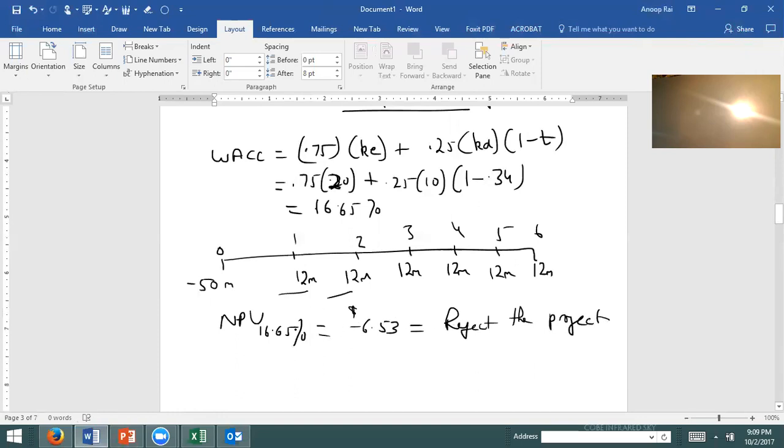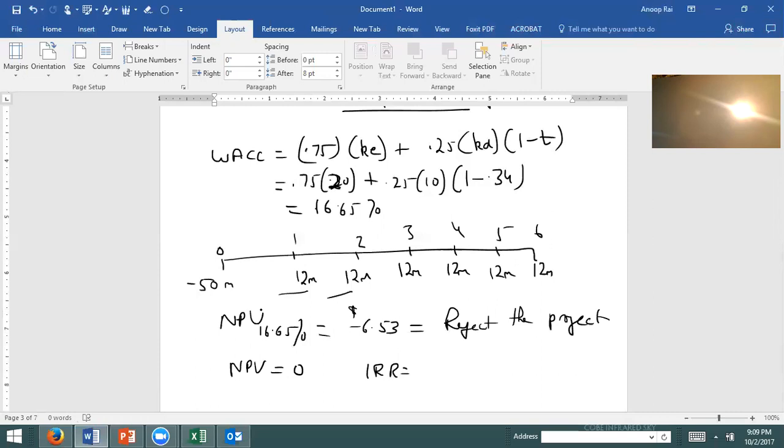Now, at what rate will it be acceptable? So we need to find out at what rate net present value will be equal to at least 0. I'm just adding to this question that obviously the answer is you need to find out the IRR. So I'm just going to do that quickly. Second clear work, 50, change sign, enter, down arrow key, 12, enter, down arrow key, 6 times.